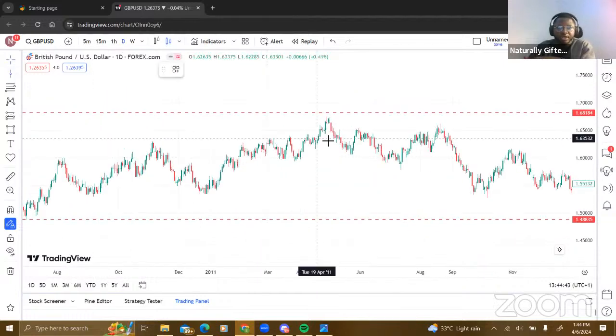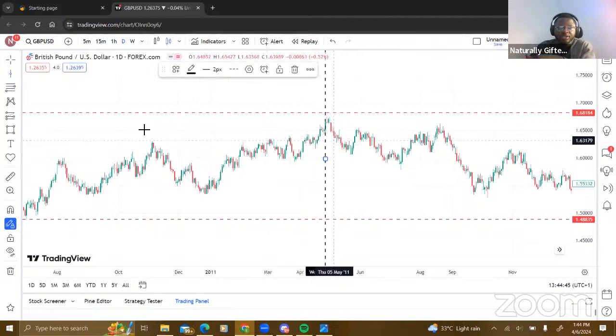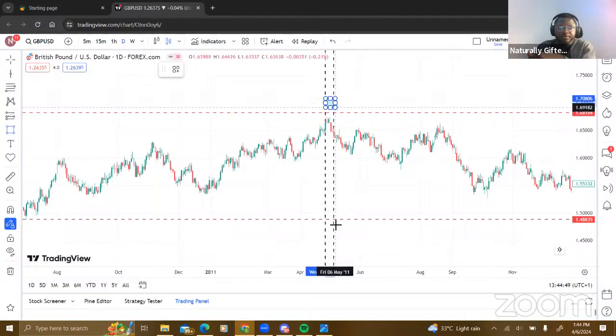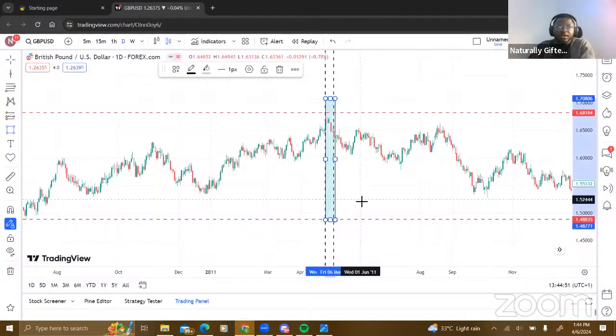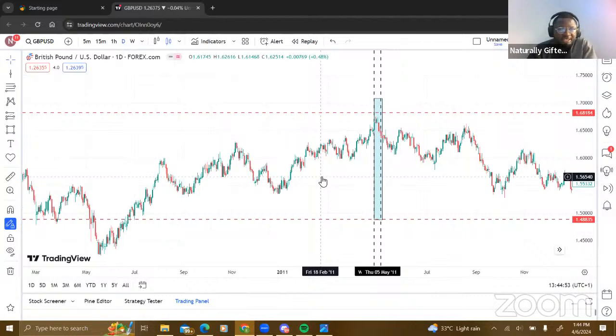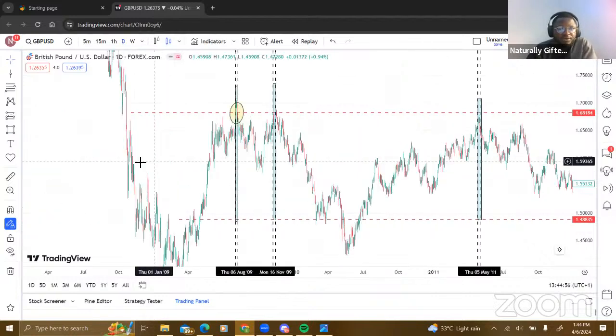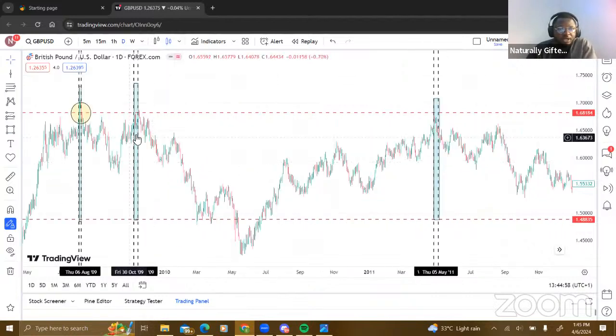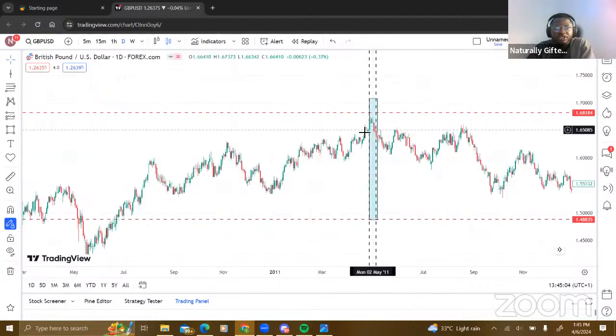Price equally came down here all the way to this point. And then see this. Years afterwards, in the year 2011, GU went back to that spot and reversed back.